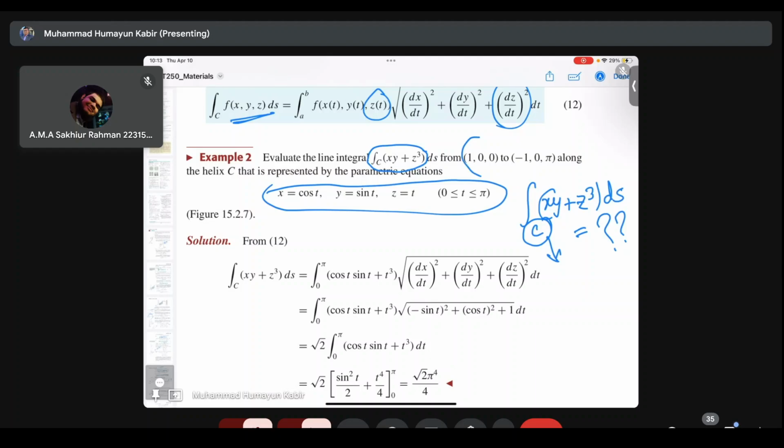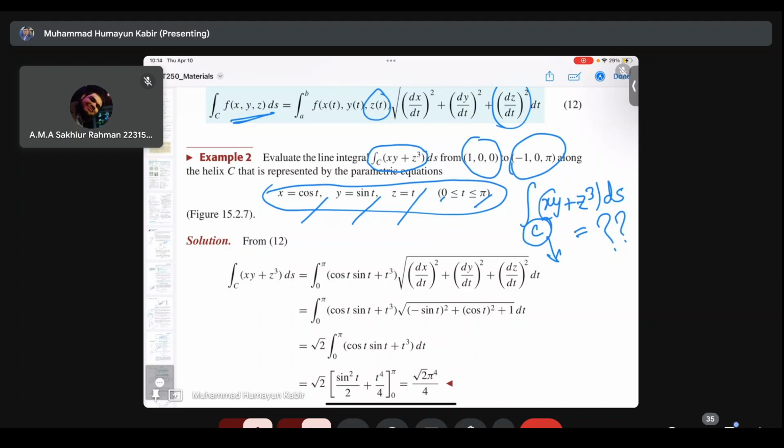It starts from (1, 0, 0) and ends at (-1, 0, pi). The parametric equations are x equals cos t, y equals sin t, z equals t, where t lies between 0 and pi. All the information is given here.